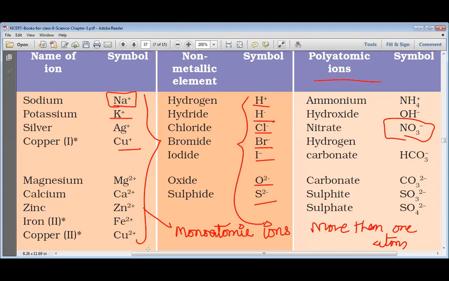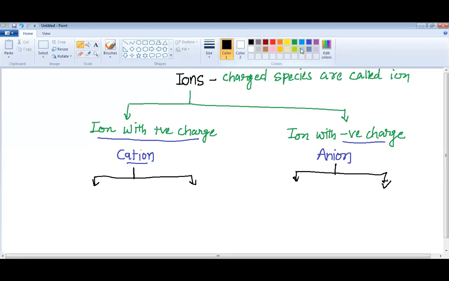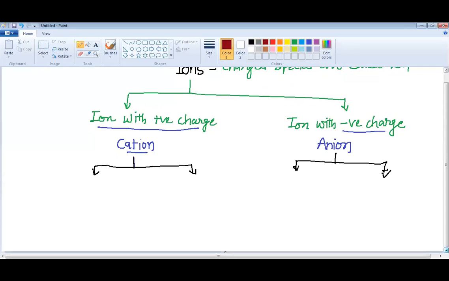Can you tell me what the two types of ions are that we have now, my dear students? So cation can be monoatomic and polyatomic. We can have monoatomic cation.